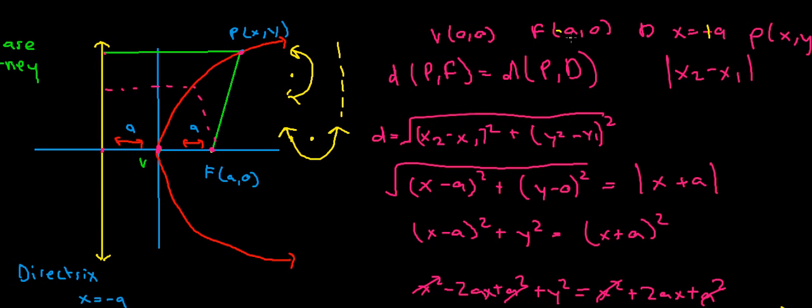So instead of the focus being a0, it's going to be 0a. And the directrix, instead of being a constant x value, it's going to be a constant y value. It'll be y is equal to minus a, since it'll be in the opposite direction as the focus.